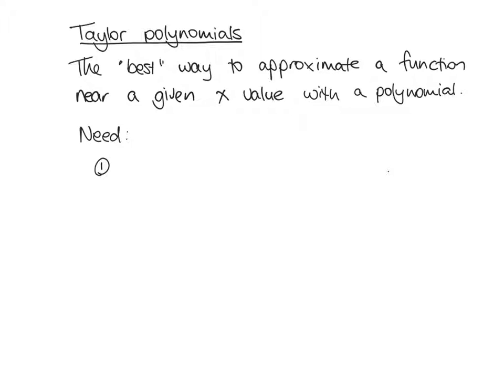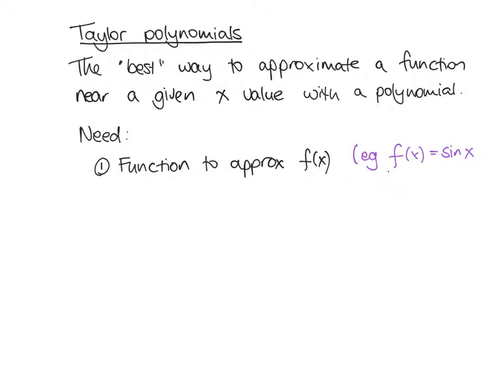So the first thing that you need is the function that you actually want to approximate, obviously. And notationally, we're going to refer to this as f of x. So in the examples that we just looked at, we had that our function to approximate was sine of x.